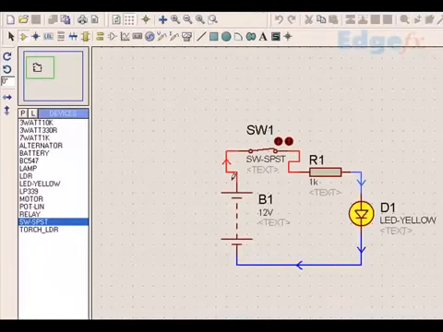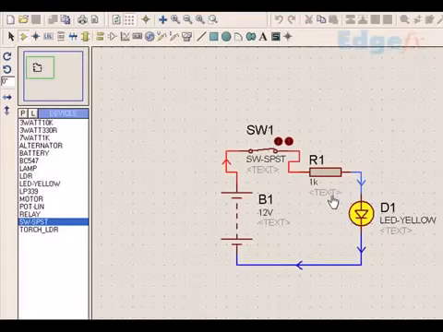The current starts flowing from here, through the resistance, through the LED, and then reaches here. That means it must start from this place and end at this place. This is called the path. Unless the path is complete, the load, whether it is an LED or anything else, is not going to glow. So this is the very basic fundamental that we must know, how the path is complete.